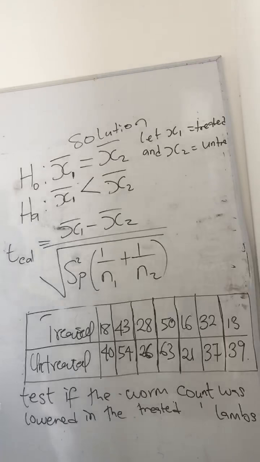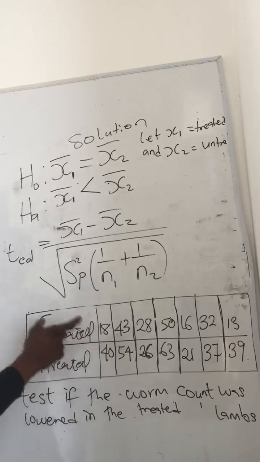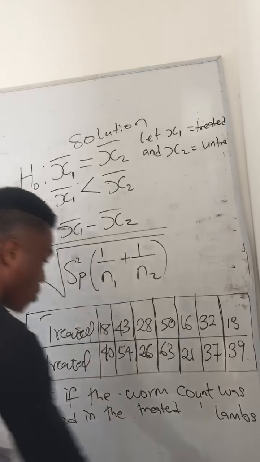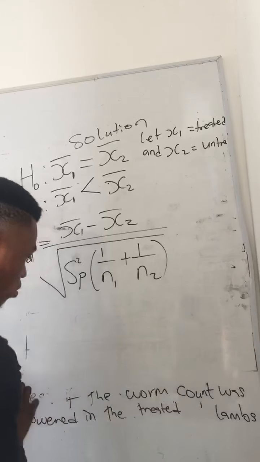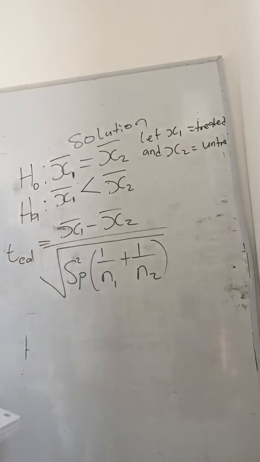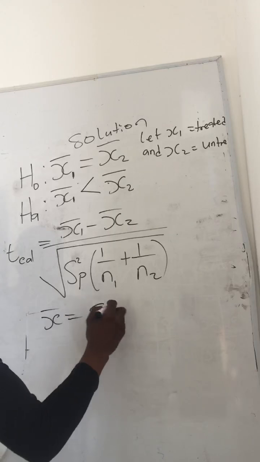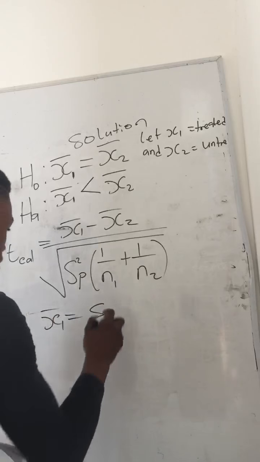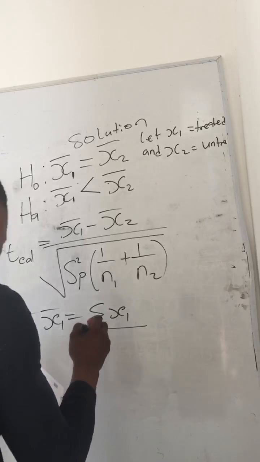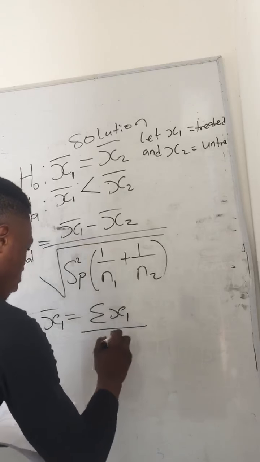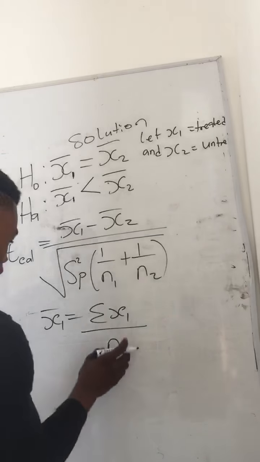Alright, so now let's find the mean. We can find the mean of the first sample, the treated, and the mean of the untreated. To compute the mean, we know that the mean S bar 1 is given by the summation of S1 all over n, the number of occurrences.